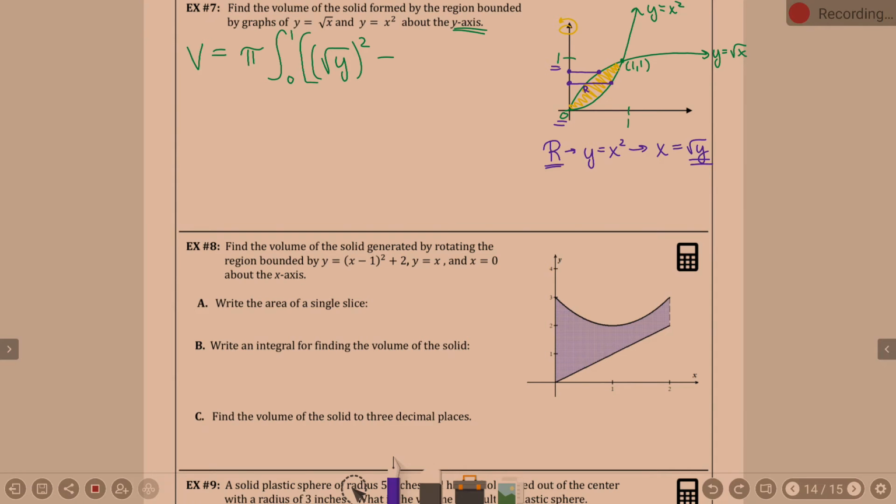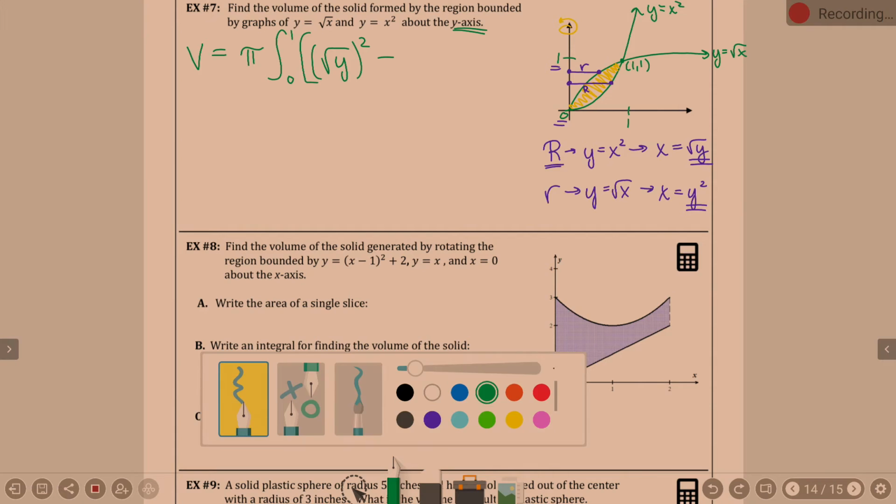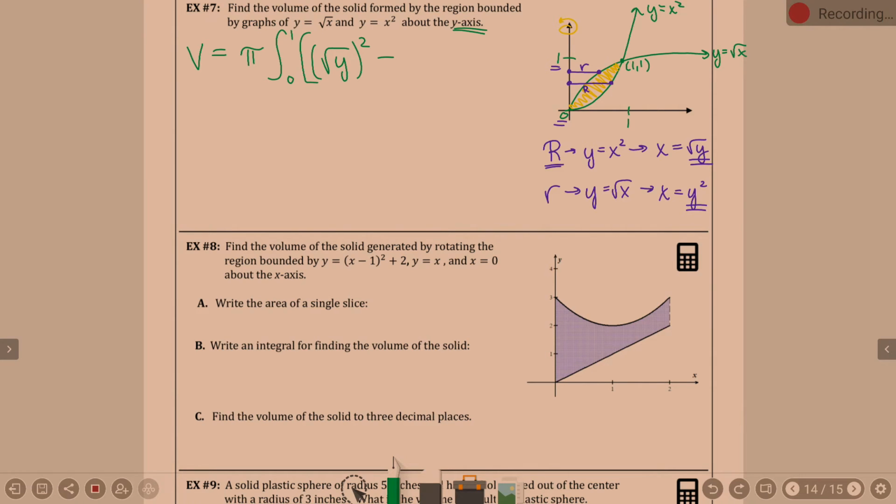Little r is the closer one, yes? So little r is the y equals square root of x equation. What is that when I put it in terms of y? X is y squared, right? So now it's going to be minus y squared squared times dy.